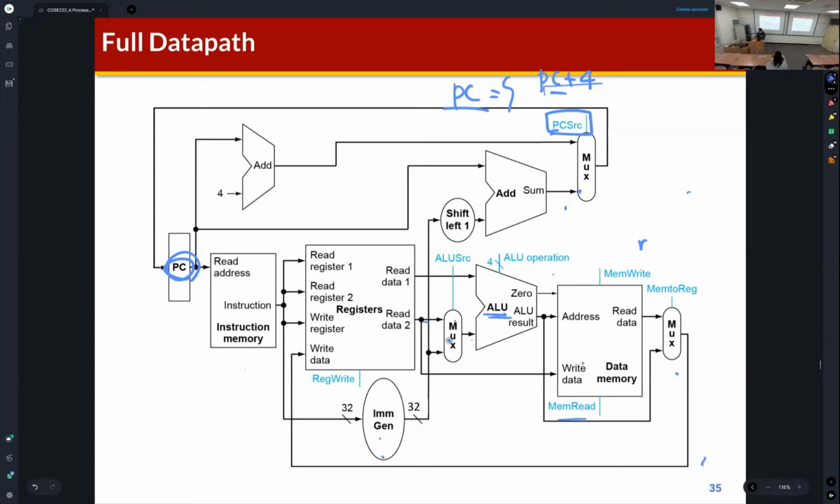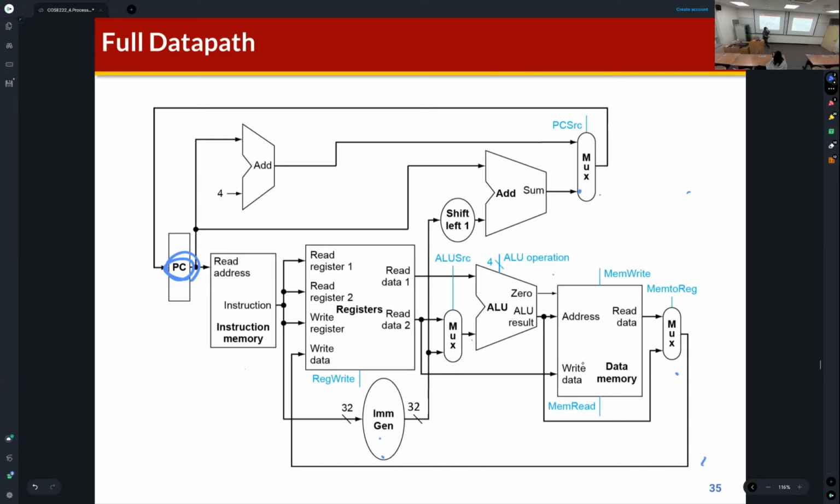Our processor includes multiple multiplexers here, here, and here.